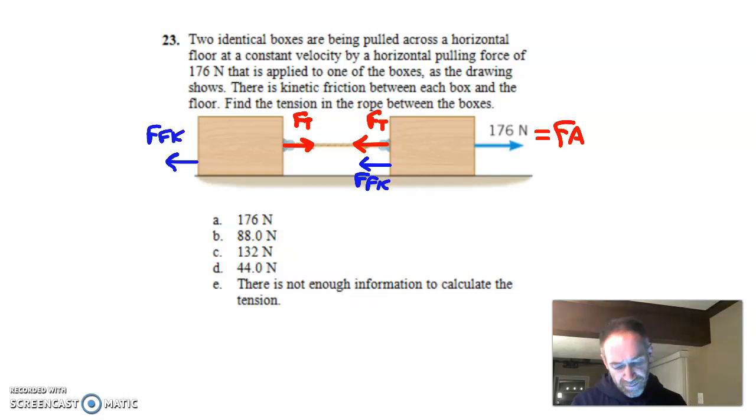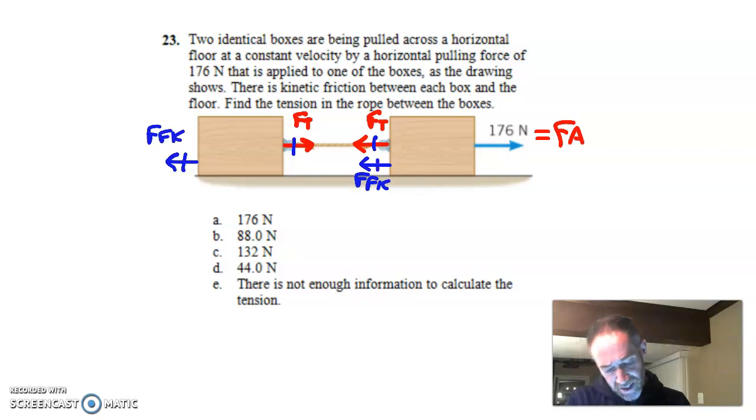Now you can see that the force of friction kinetic must be equal to the tension. I'm saying that because if we're moving at constant velocity, then we have no net force, and so this force has to be the same size as that one.